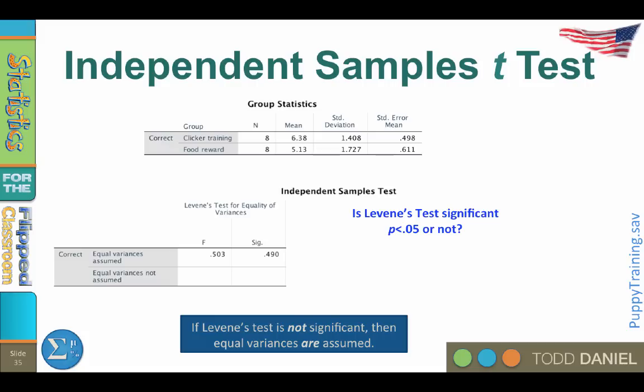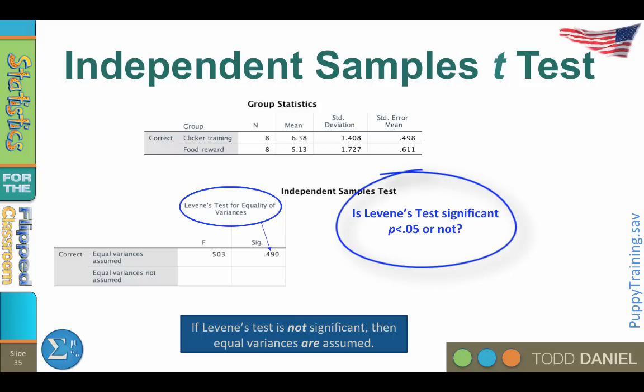We can see that Levene's F-value is 0.503, and the probability associated with that F-value is 0.49. Using the analogy of $1, this significance value is 49 cents, and that is not less than a nickel, 0.05. So is Levene's test statistically significant, p less than 0.05, or not?